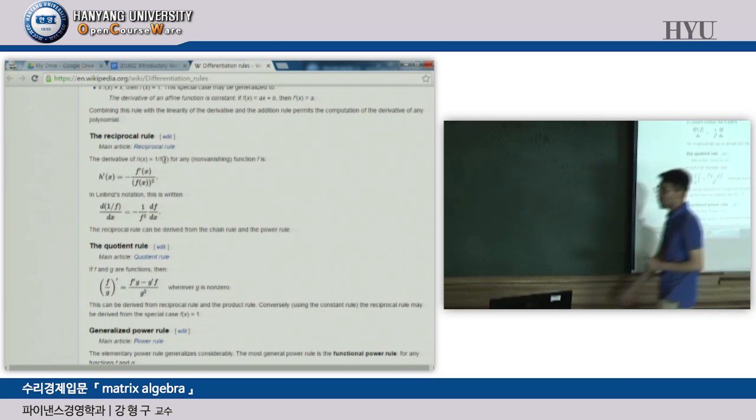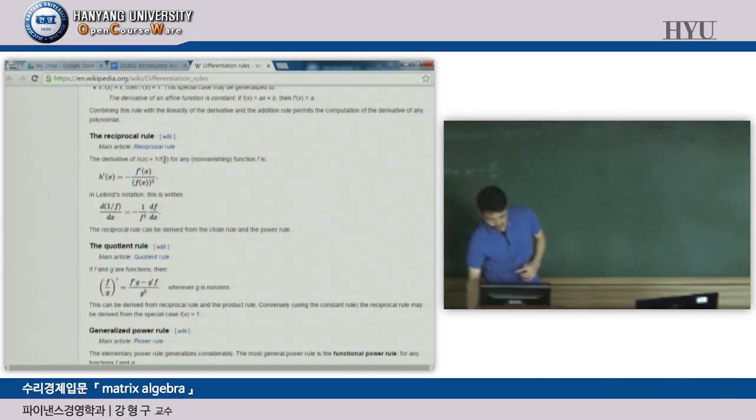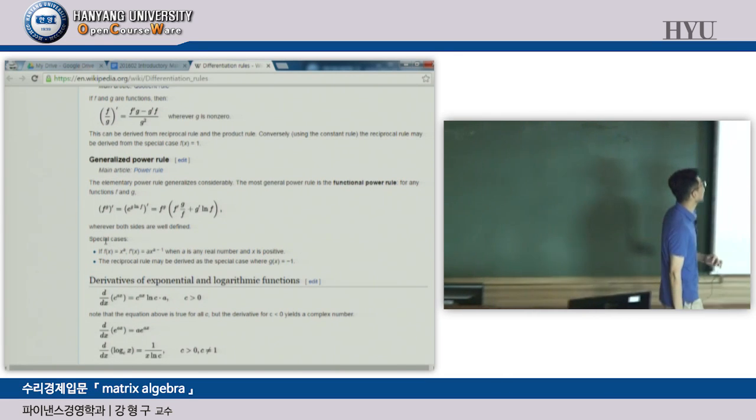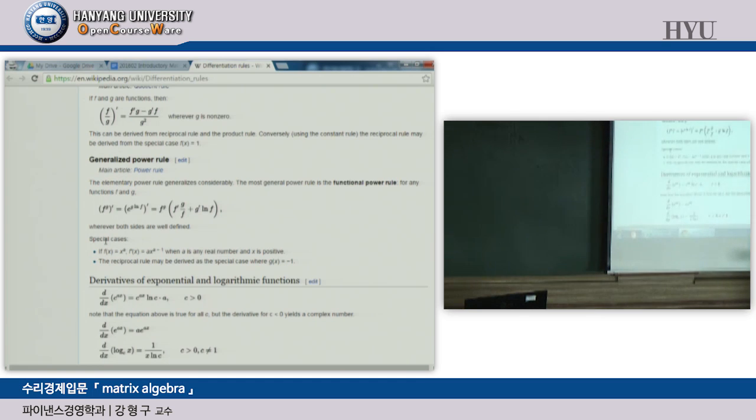And generalized power rule. This is something you didn't learn in high school, I guess. It is another application of chain rule, differentiating f to the power of g, f(x) to the power of g(x), with respect to x. Basically you write f to the g as e to the g log f, and then the exponent comes outside, so you can derive it. It is the generalized power rule.